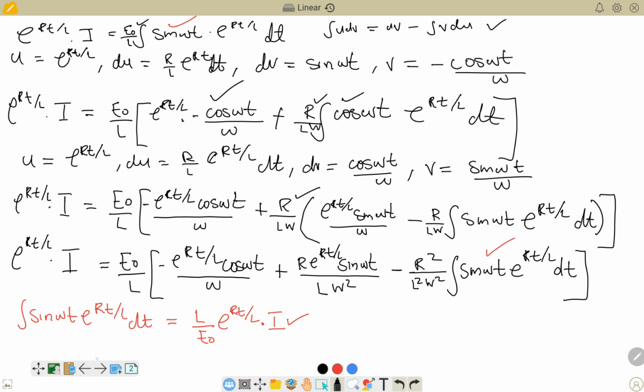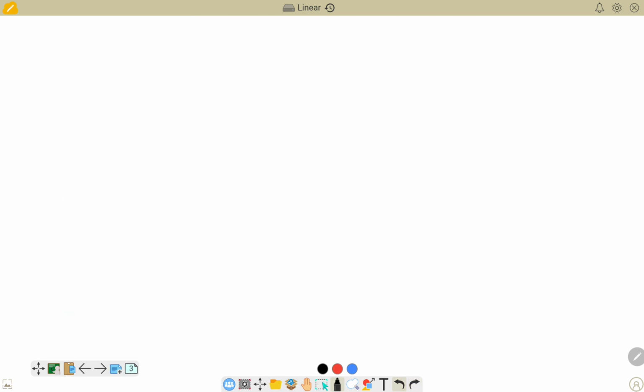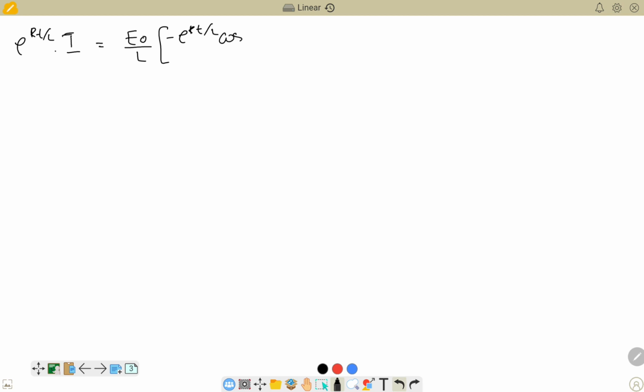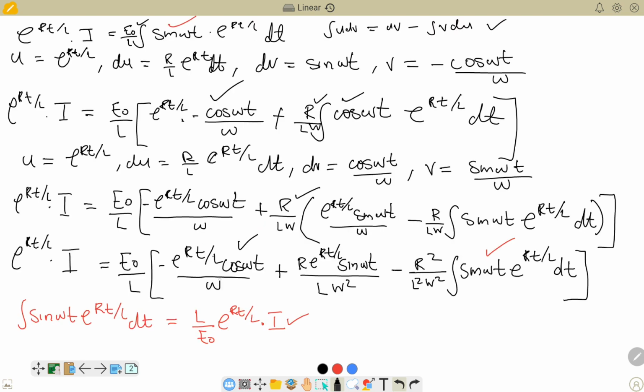So let's do it on a new page. We will have e to the power rt over L times I equals e naught over L into minus e to the power rt over L. Then let me check here. Cos wt over w, it's this term there.